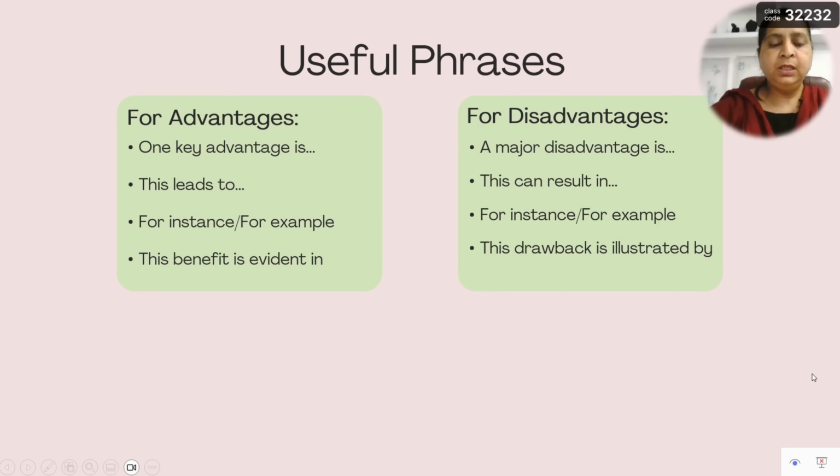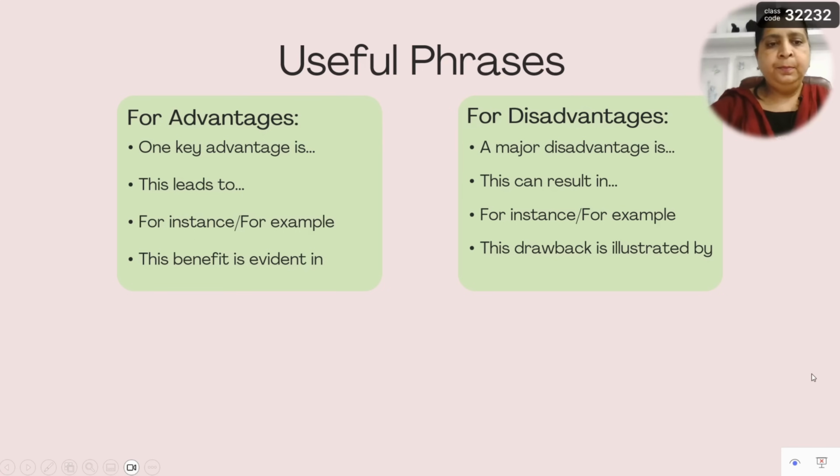Your thesis can start with one key advantage or a major disadvantage. The supporting statement can start with this leads to, this can result in. For evidence, in advantages you can start with for instance, and for disadvantages you can start with for example.